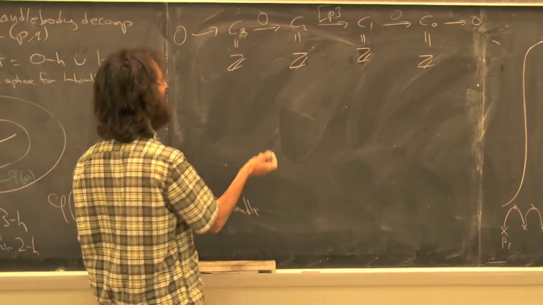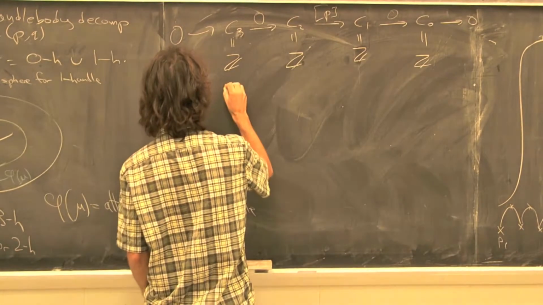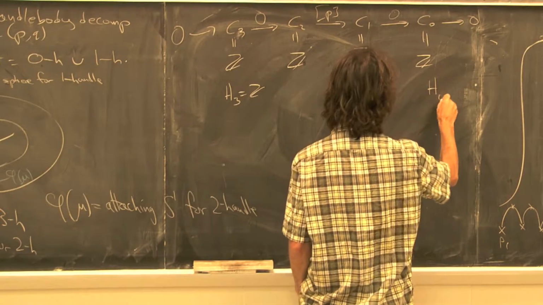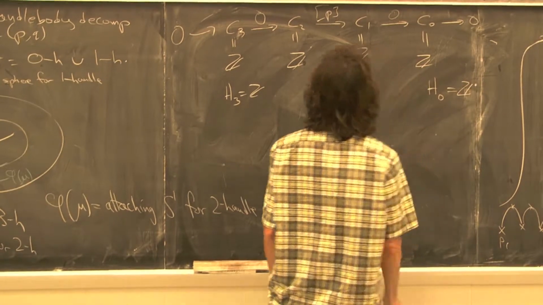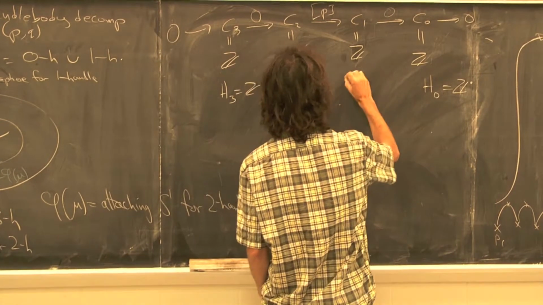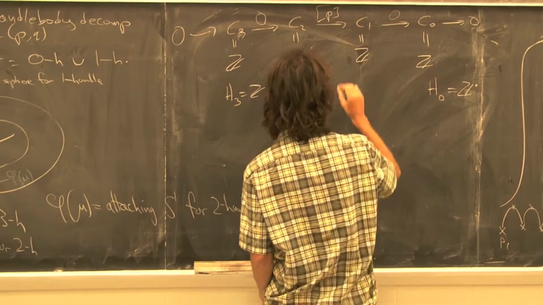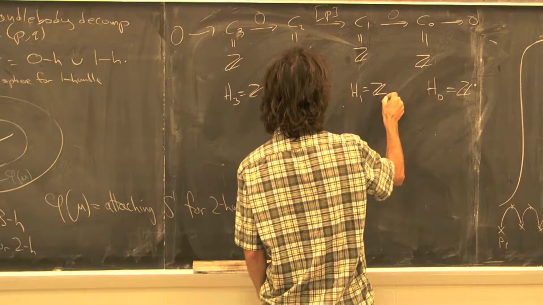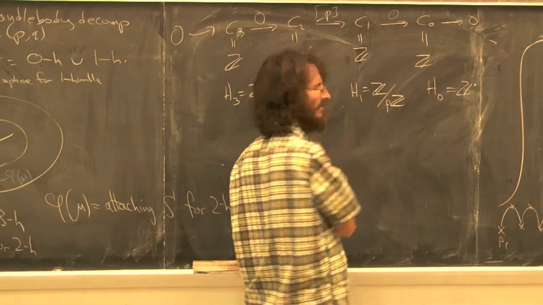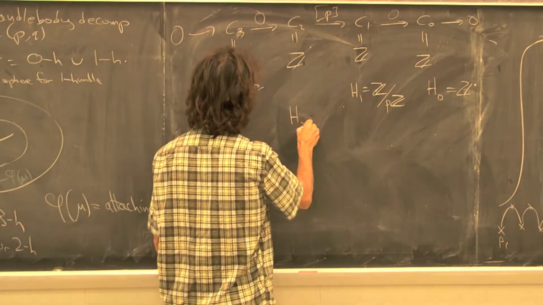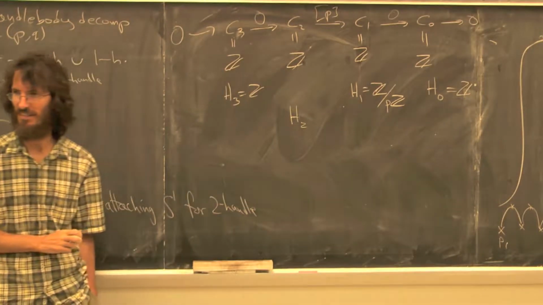And so now we have H3 equals Z, H0 equals Z. H1 is the cokernel of this map, so H1 equals Z mod pZ. And then H2 is, well, what's the kernel? The kernel is nothing, right?